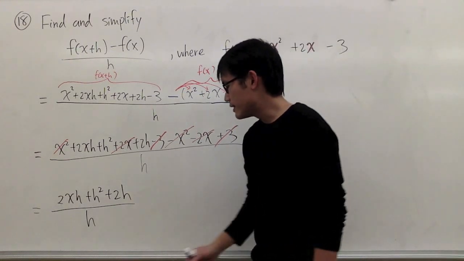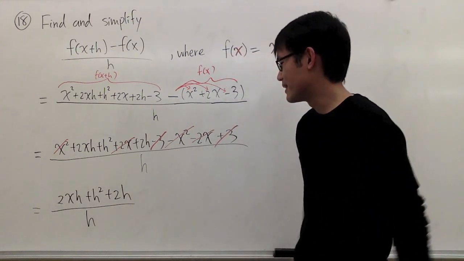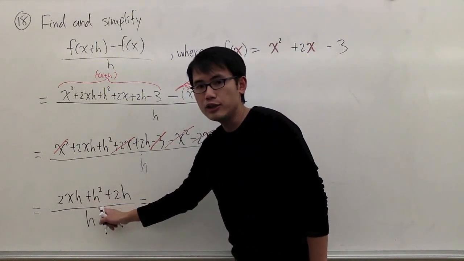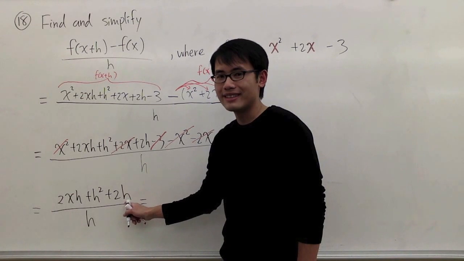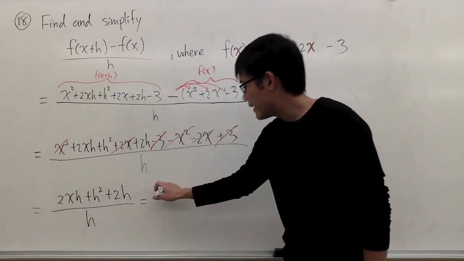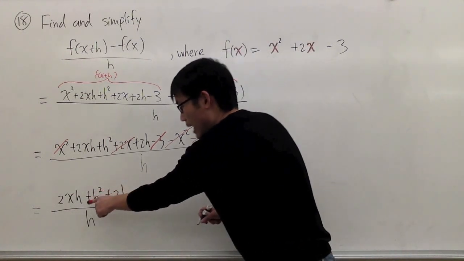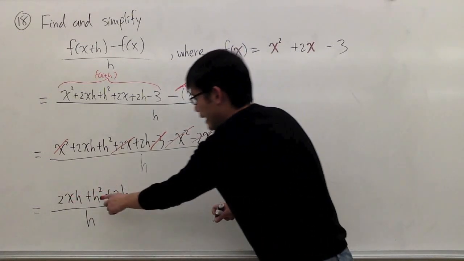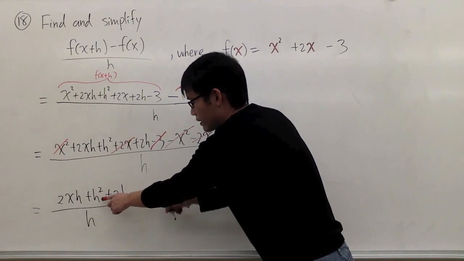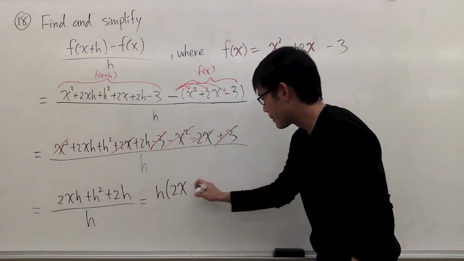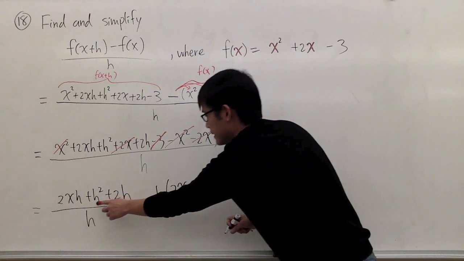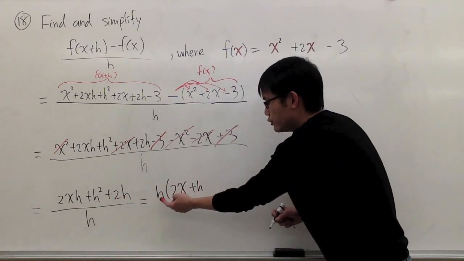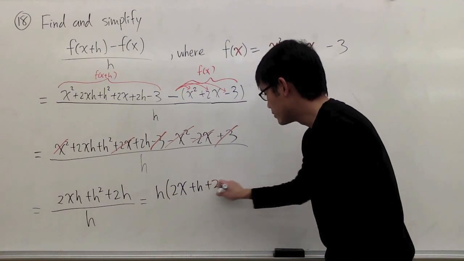The way to simplify this, with one more step, is to notice that I have h here, h squared here, 2h here, and the h here. I can factor out an h on the top, so I will get 2x, and for the h squared, originally I factored one h out already, so I have plus h here. Then plus 2h, the h is out already, so I can just write plus 2.